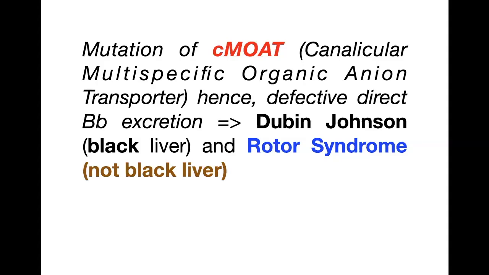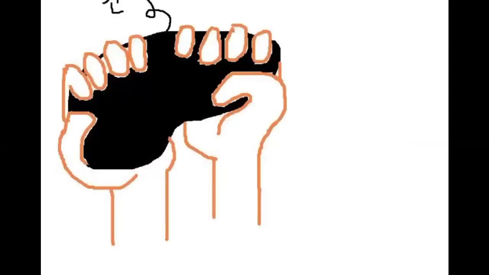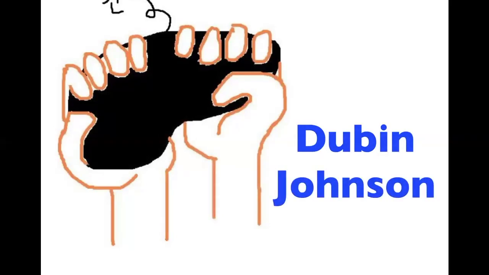So please memorize this: CMOAT, canalicular multispecific organic anion transporter. We're almost done. Now, black liver, is this Dubin-Johnson or Rotor syndrome? It is Dubin-Johnson.